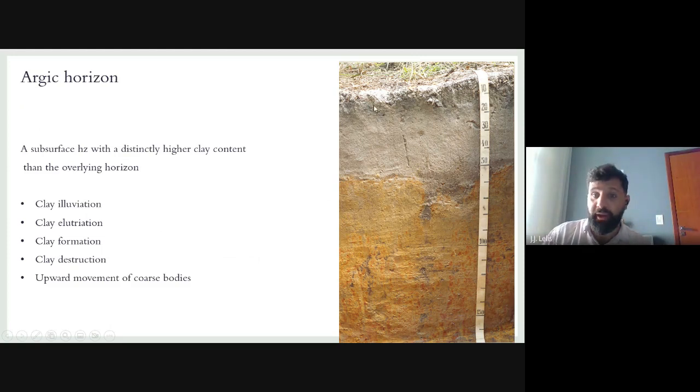So we create this difference of texture between a coarse texture surface horizon and a clayic texture horizon, and they have different colors, different conditions of water penetration and percolation, CEC, and several other physical and chemical properties.